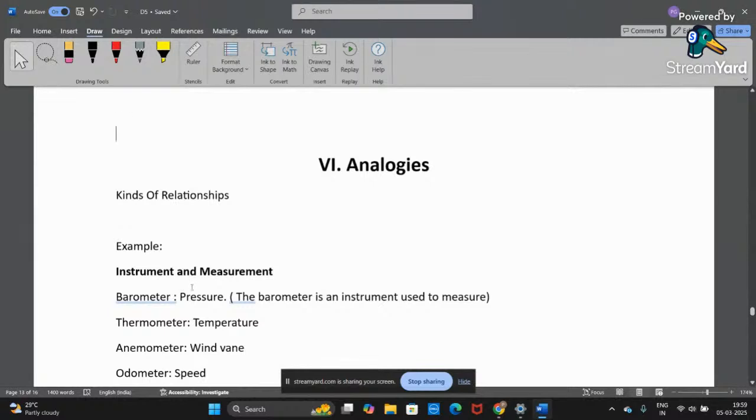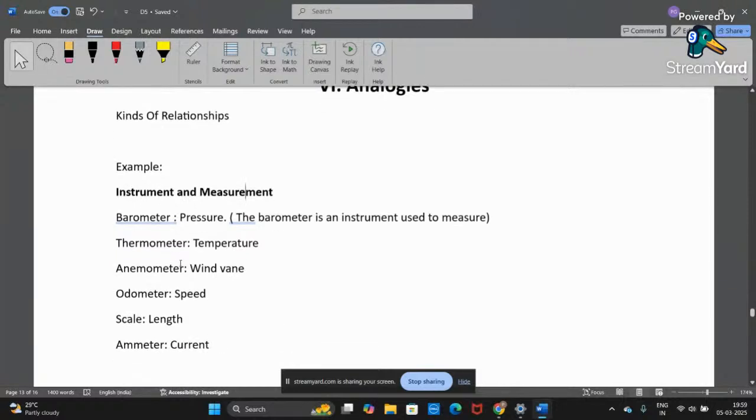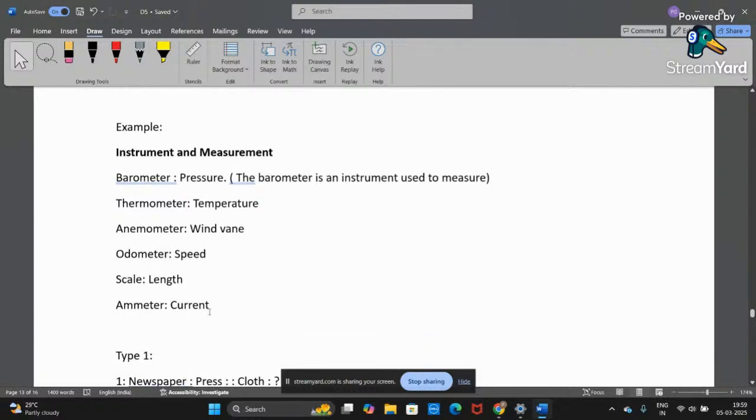We use an instrument to measure, right? So a barometer is used to measure pressure. In the same way, a thermometer is used to measure temperature. An anemometer is used to find wind speed. An odometer is used to find distance. A scale is used to find length. An ammeter is used to find current.